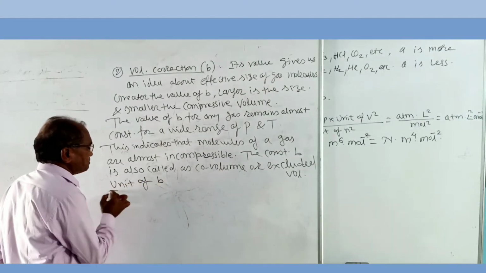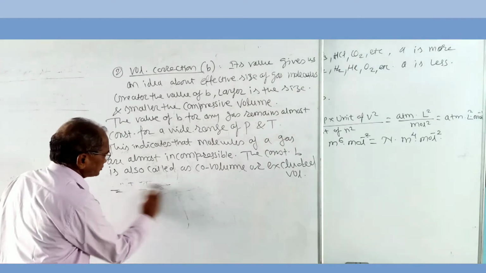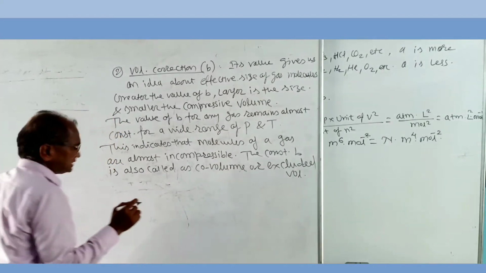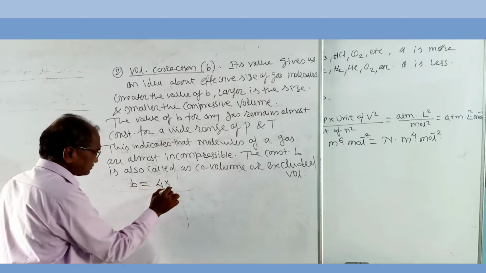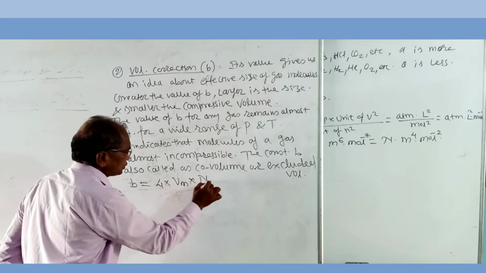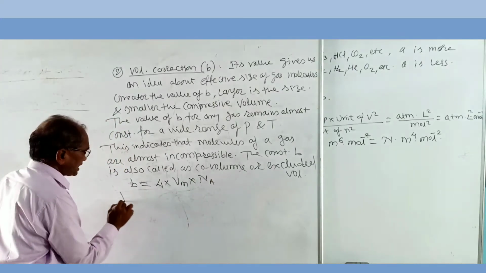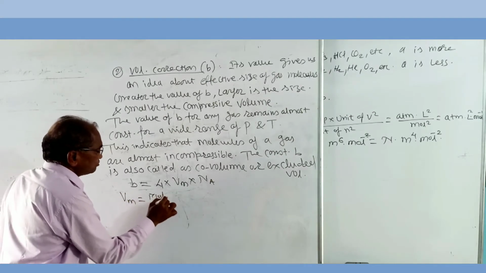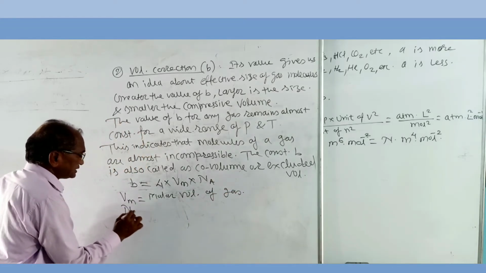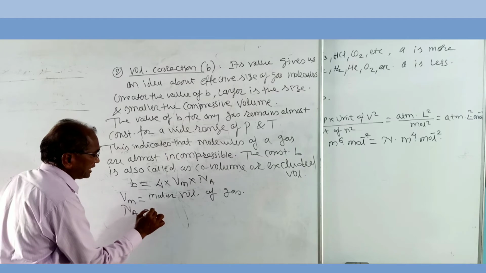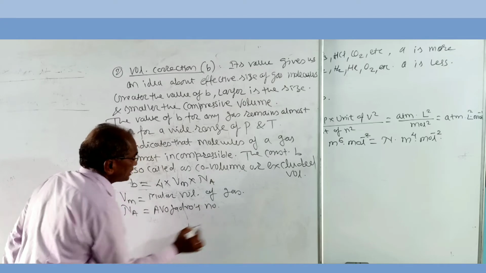Unit of b, the volume correction. Excluded volume or co-volume is also given by the formula b = 4 Vm NA, where b is the volume correction, 4 is a constant, Vm is the molar volume of gas, and NA is Avogadro's number.